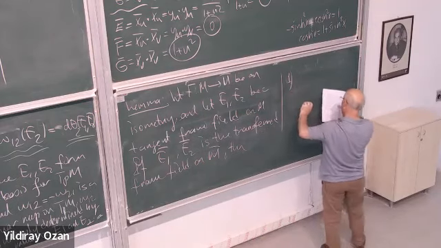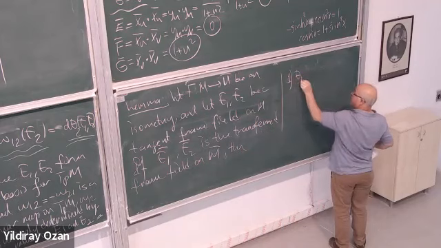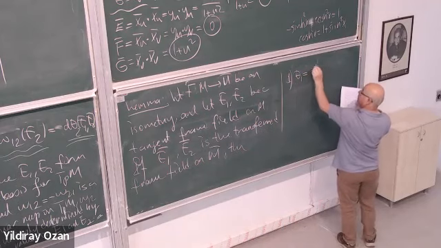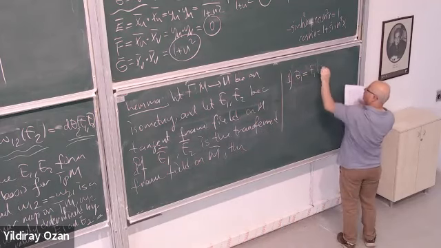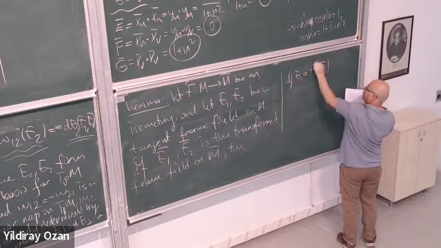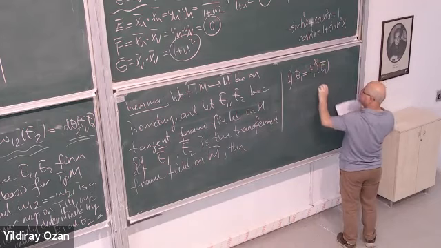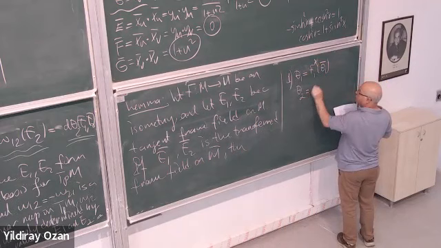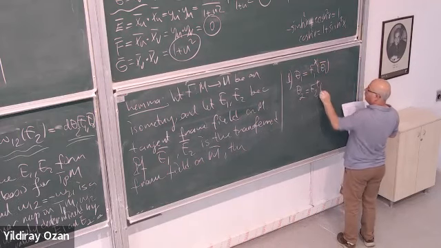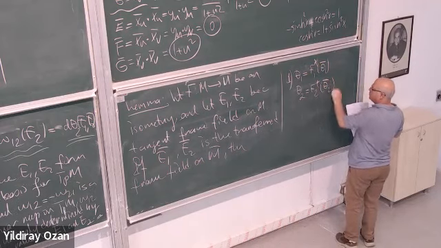First, θ1 is the pullback of θ1 bar. θ2 is just the pullback of θ2 bar.